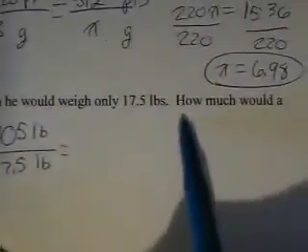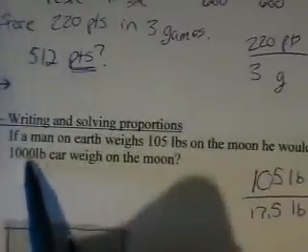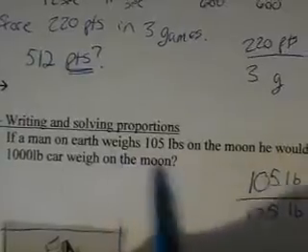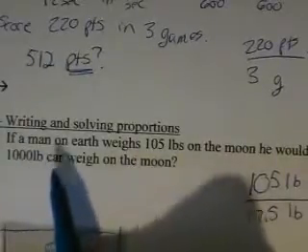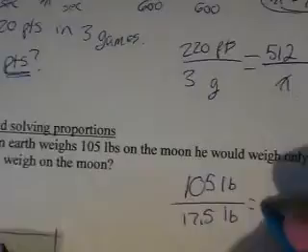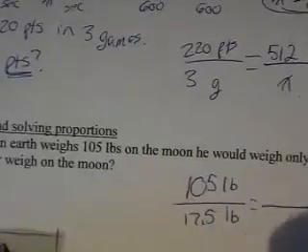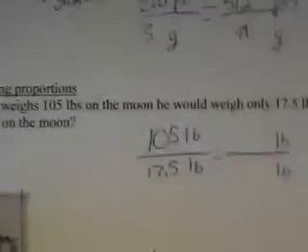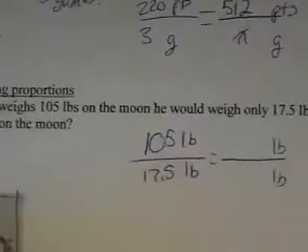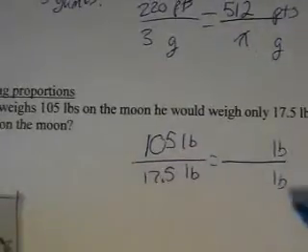Okay. How much would a 1,000-pound car weigh on the moon? If that 1,000-pound car weighs that much on Earth, how much does it weigh on the moon? Well, let's see. Pounds. And 1,000 pounds. I've got pounds and pounds.